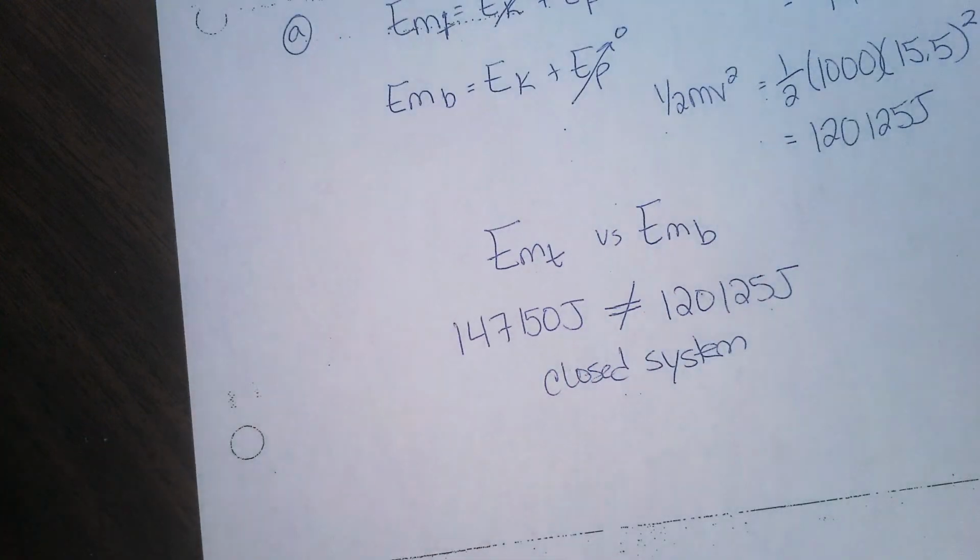It is only in an isolated system where the energy input is going to be equal to the energy output, right? Neither matter nor energy can enter or leave the system. However, in a closed system, matter can't enter or leave the system, but energy can.